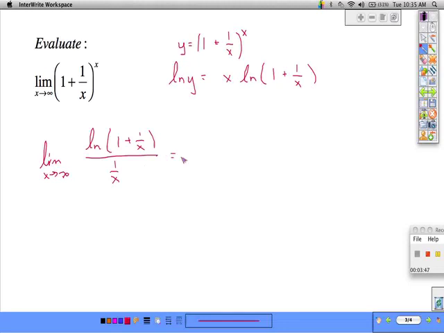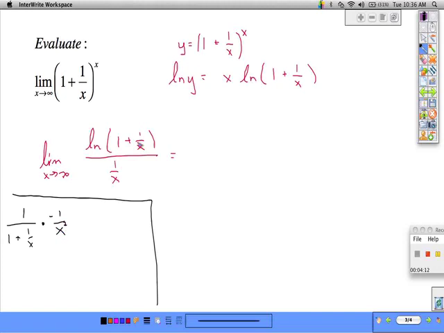So I'm going to take the derivative of the top and the bottom. And what I'm left with when I take the derivative, here's a side bubble: 1 over 1 plus 1 over x times, I have to use the chain rule, negative 1 over x squared.